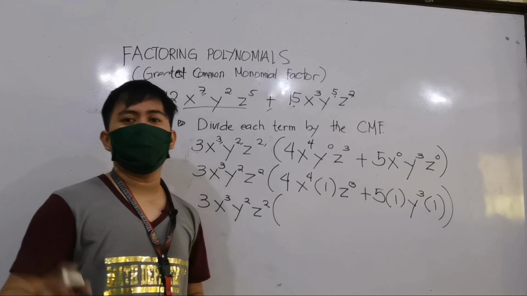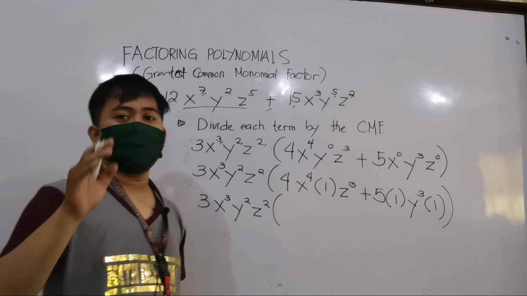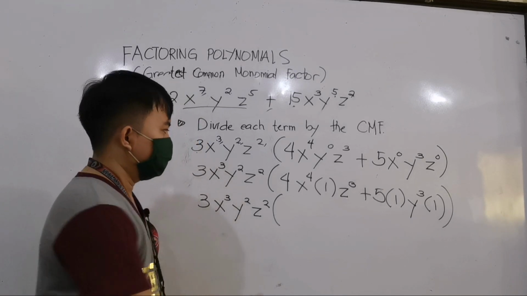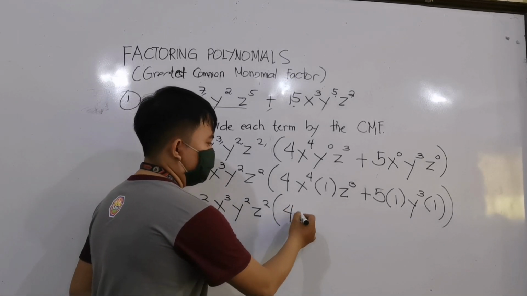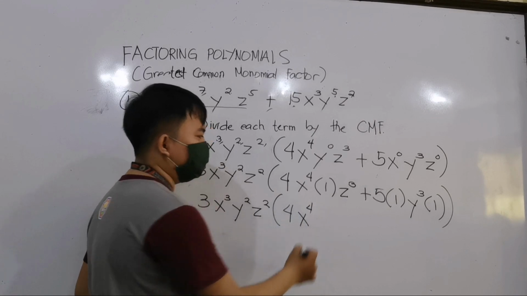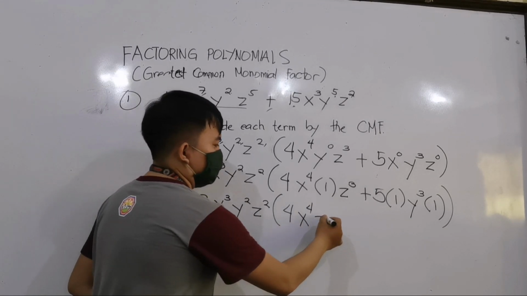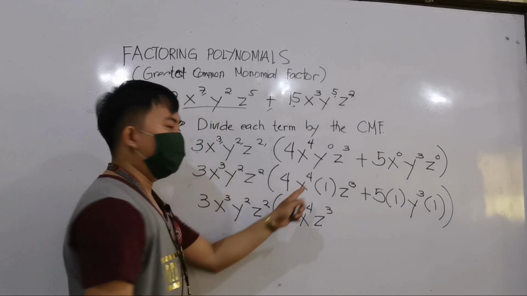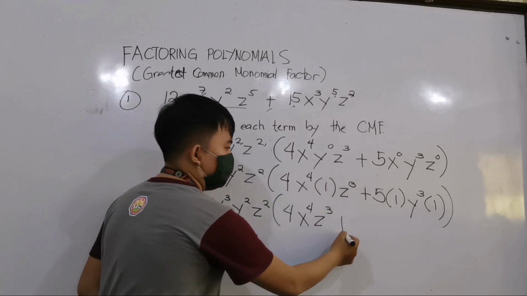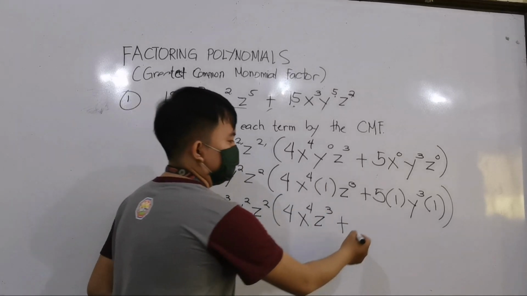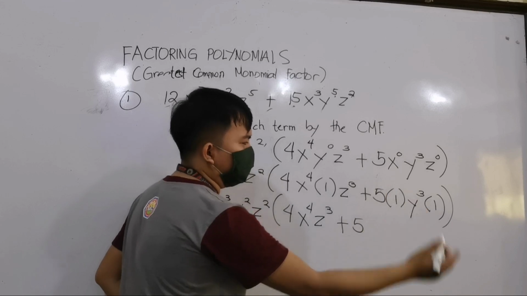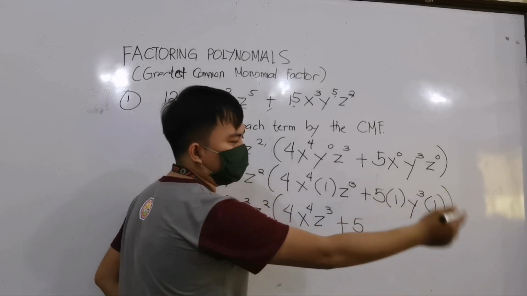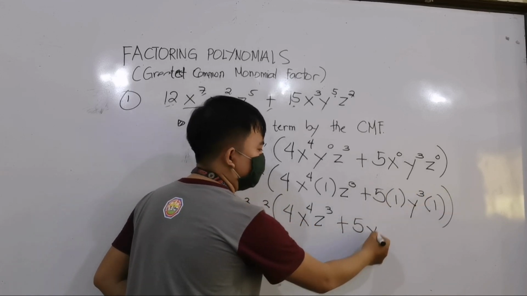So, any number which is multiplied by 1 is itself. So, we have 4x raised to 4, z raised to 3, wala na pong 1, plus 5 times 1, 5 pa rin, y cubed times 1, y cubed pa rin, so y cubed.